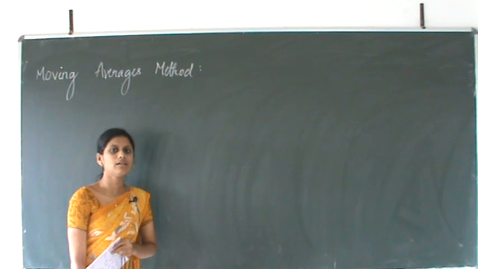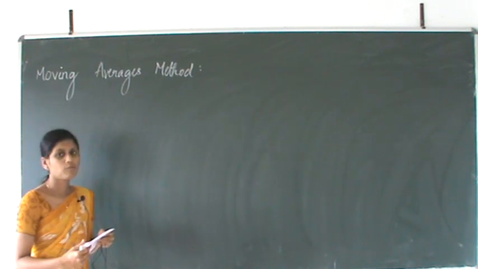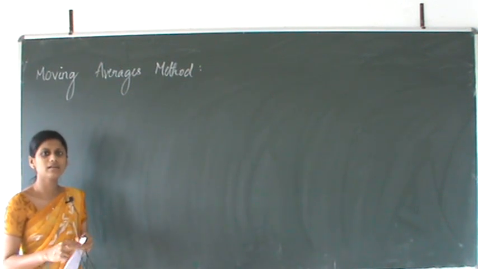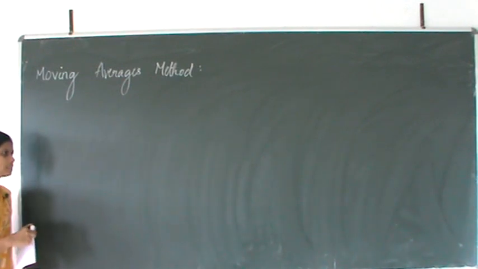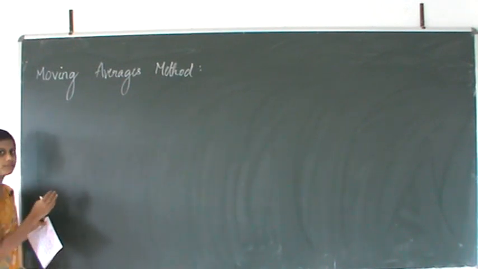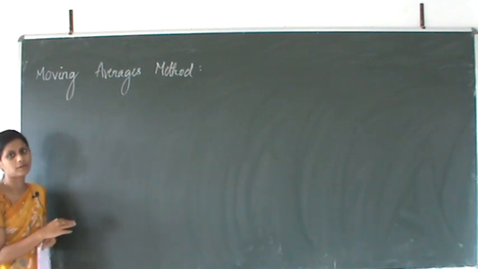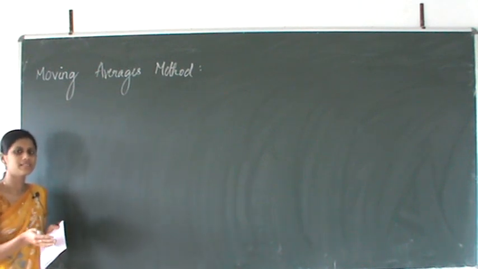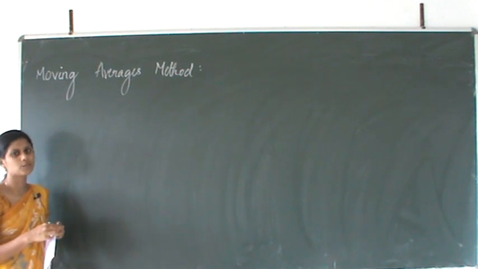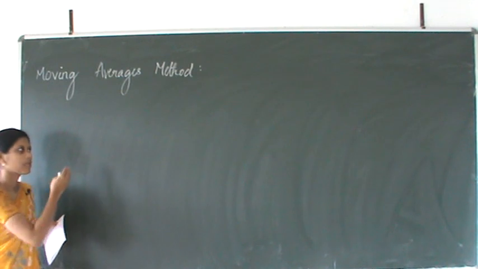Now we will solve some problems under this moving averages method. You will get a clear idea how to solve these problems, and it is the most important topic of your syllabus, because most of the repeated questions in this chapter are from this topic.